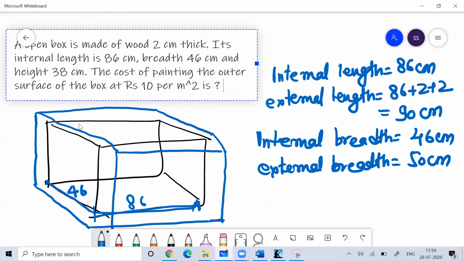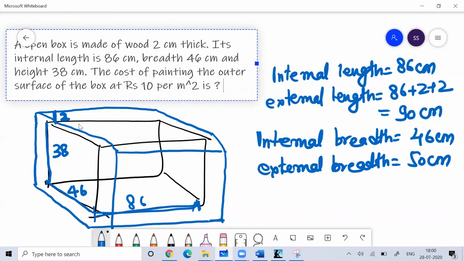But when you talk about the height, which is 38 centimeter, you don't count the top. If you see this wooden box, all the sides would be thick, and the bottom also, but it is an open box.